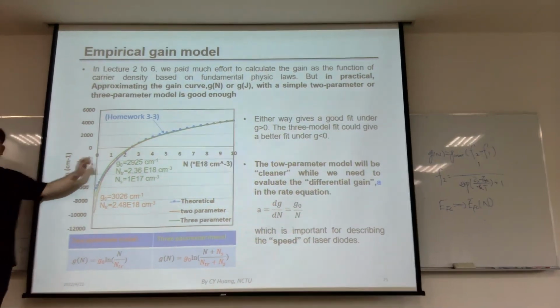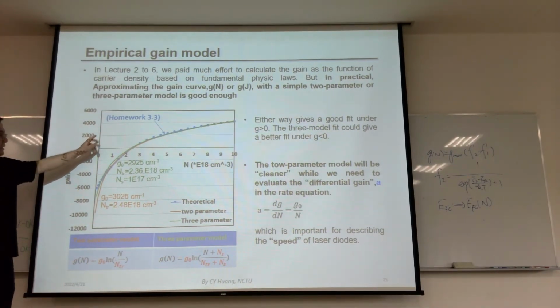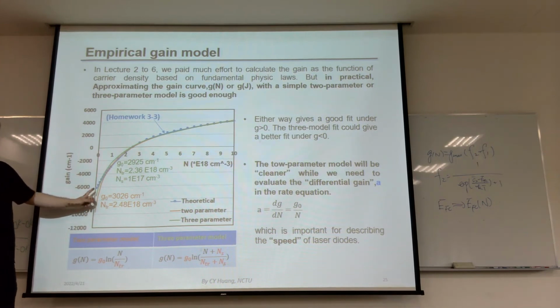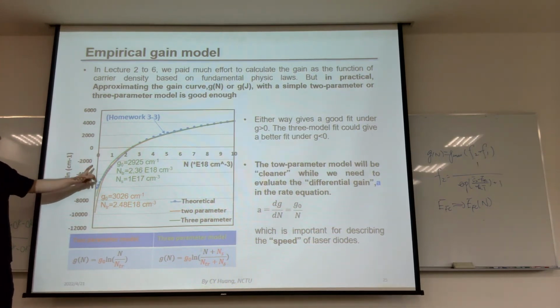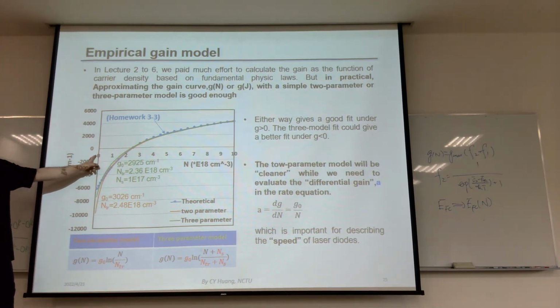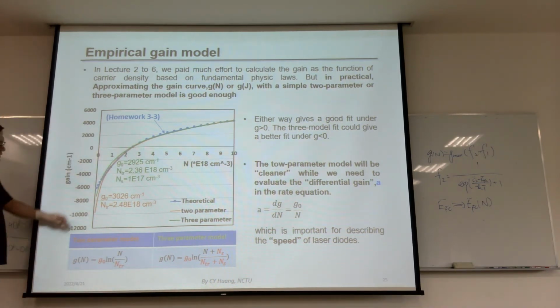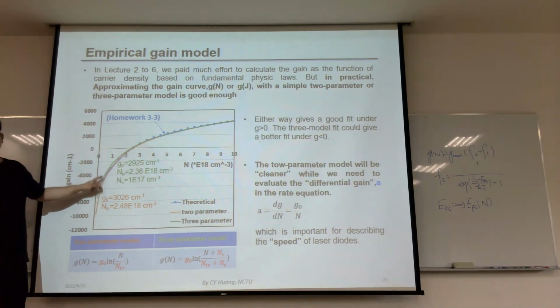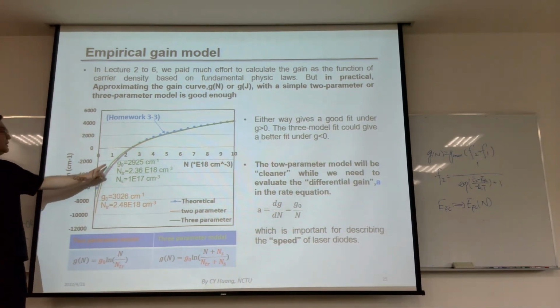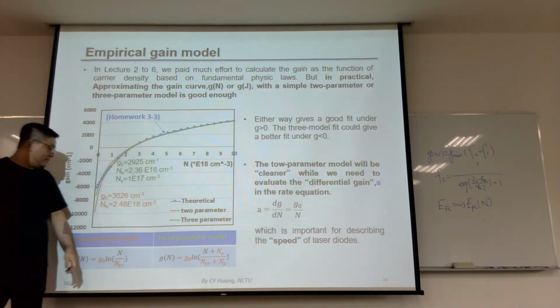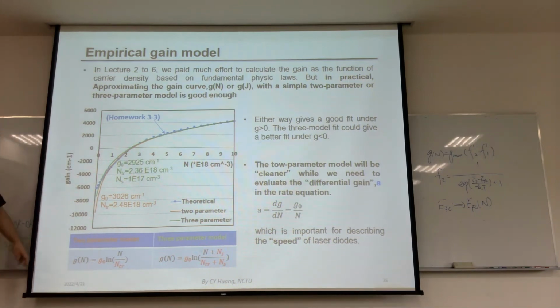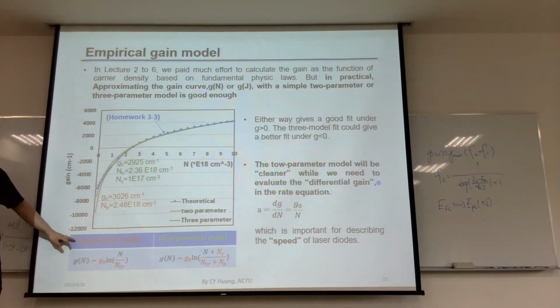In your homework, I asked you to plot the gain from low concentration to high concentration. So this is the professor's answer, the blue dots. Then we try the two simple models. What is the two-parameter model?